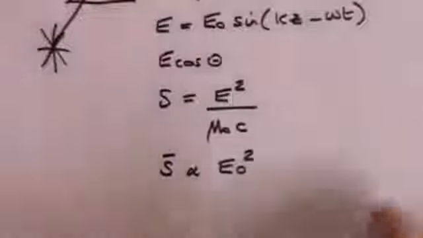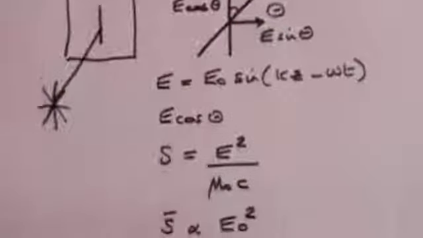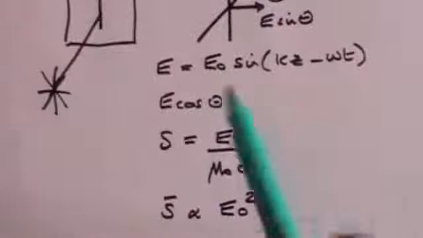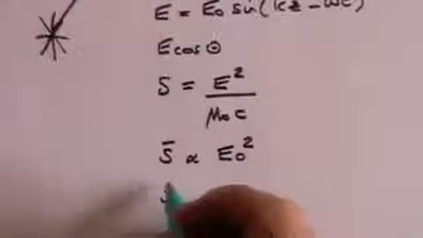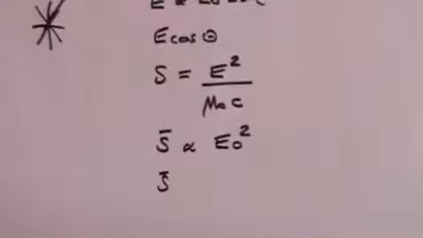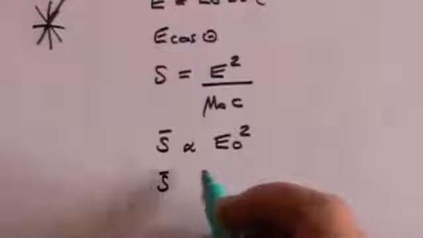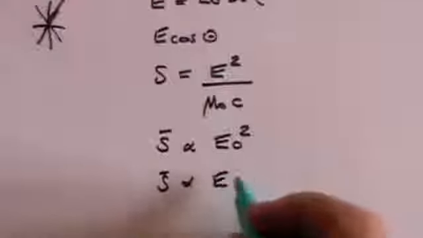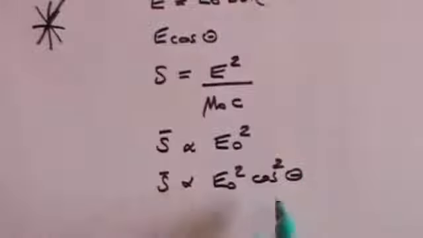But once this light has gone through the polarizer, only the vertical component survives, and the vertical component is E cosine theta. So we can rewrite that by saying that after polarization, the average value of the pointing vector will be proportional to E naught squared cosine theta squared. In other words, it's E naught cosine theta all squared.